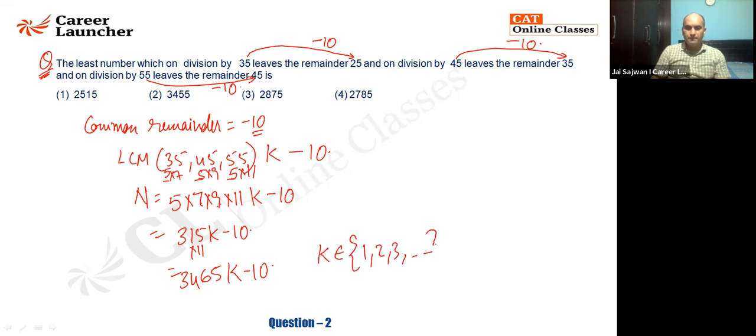I cannot write 0 here. When you put it equal to 1, you will get 3455 as your answer. So everyone got the same answer. So the answer is 3455. In case of any query, you can ask. Anyone, any question?